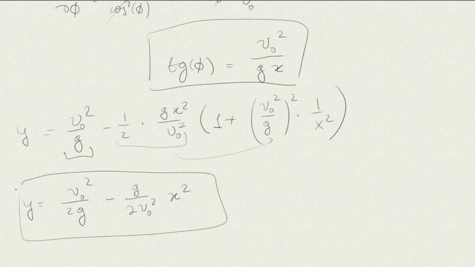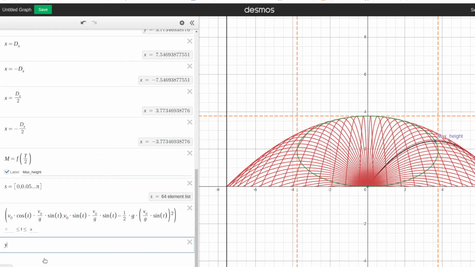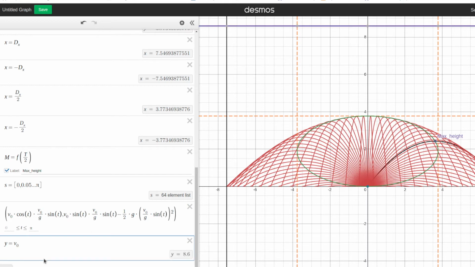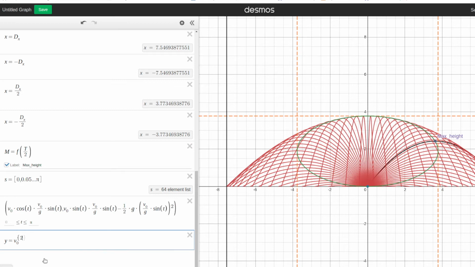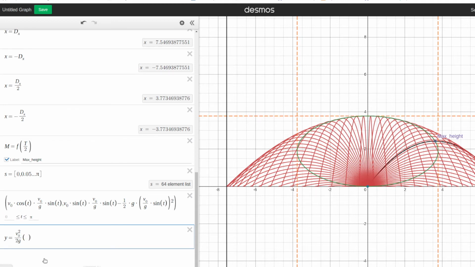And now let's go into Desmos and actually plot this. So when we go to Desmos here, let's plot this equation: y equals, as we said, v0 squared divided by 2g, and we have 1 times, let's write it like this, 1 minus x divided by.